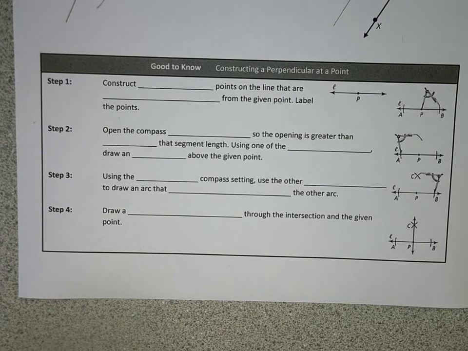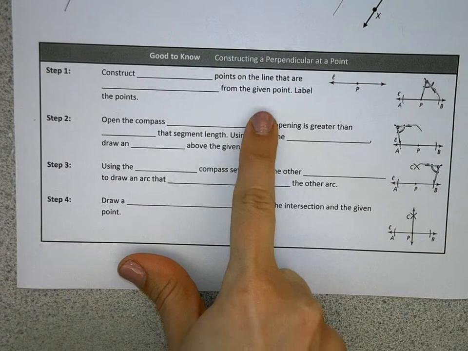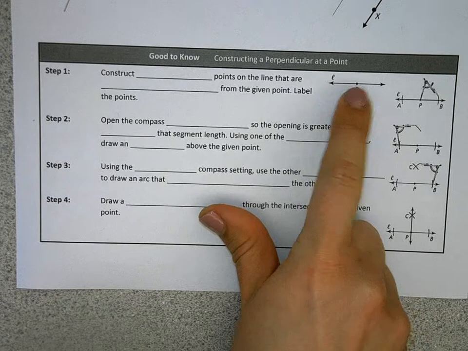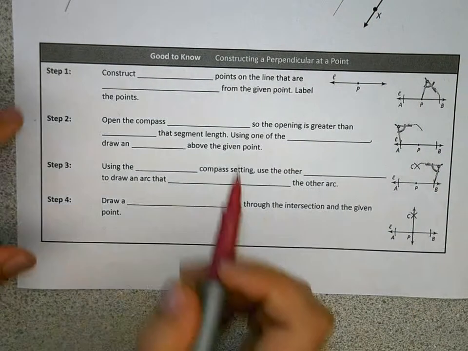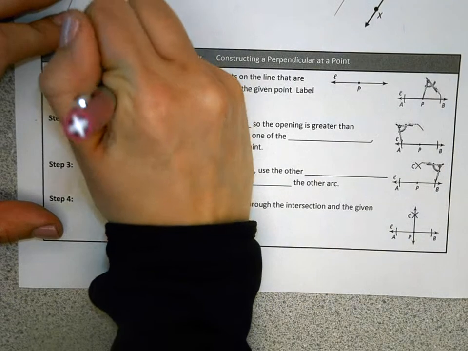So we're going to start with perpendicular at a point. When I give you a line that has a point on it, you're going to start by constructing two points on the line that are equidistant.